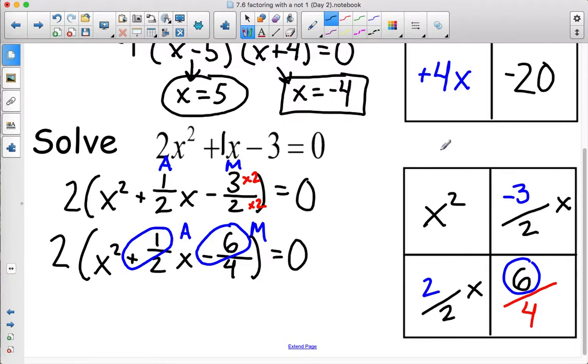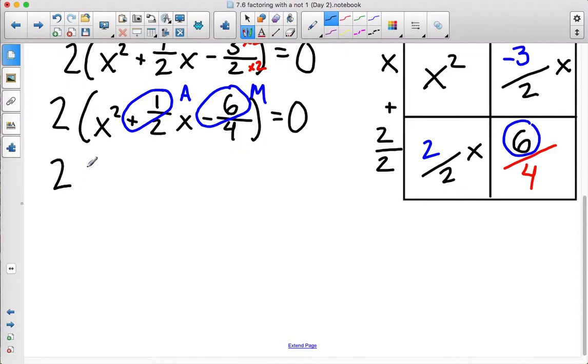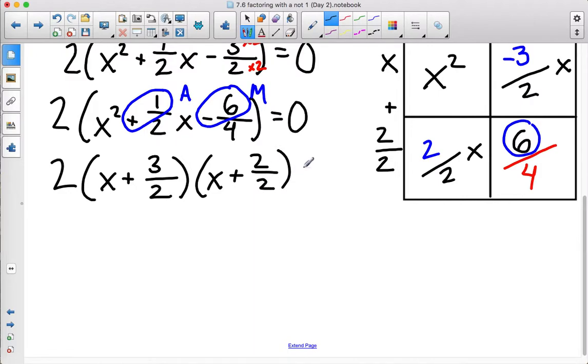So my dimensions are x minus 3/2 and x plus 2/2. I write them out, and they are, like I said, 2 times x plus 3/2 and x plus 2/2 equals 0.